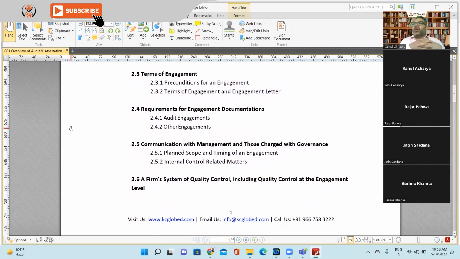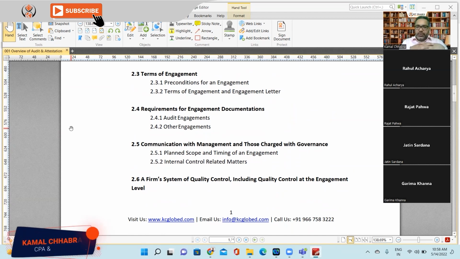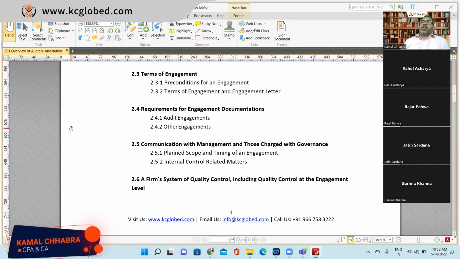So the next topic in this audit section of the exam is terms of engagement, right? What do you understand by terms of engagement as a layman? It means what is agreed between the two parties, right? What we draft for the terms of engagement is the engagement letter.